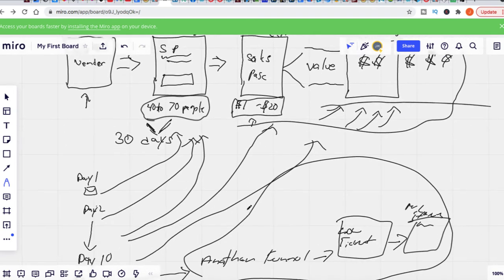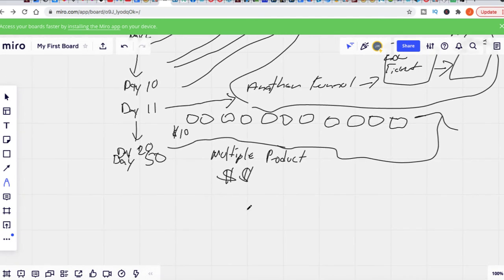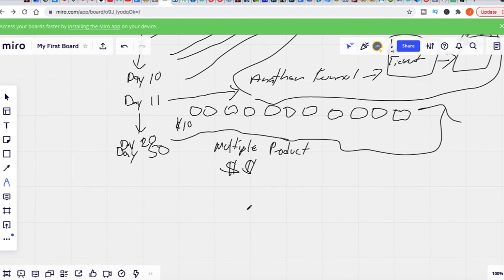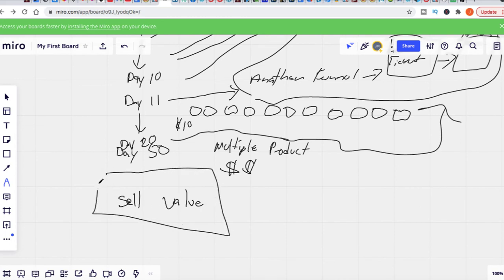Now, the key to all of this, when we're talking about selling all of these different products, is you want to sell value. If you're not selling the right products or the right offers, then all of this is going to be null and void.